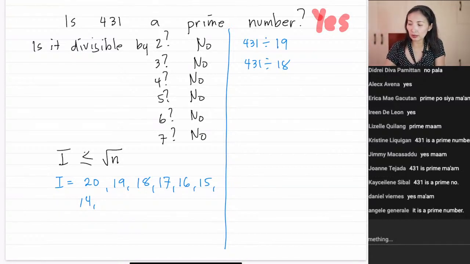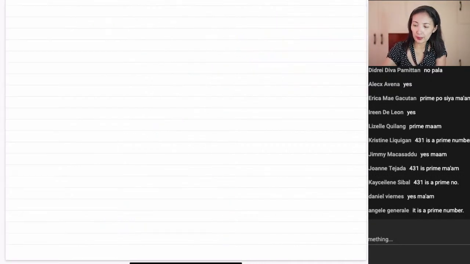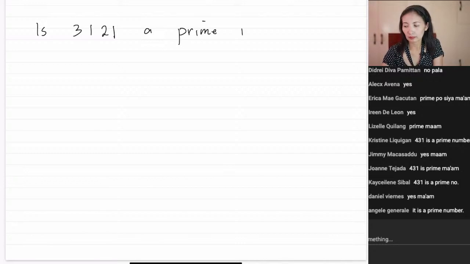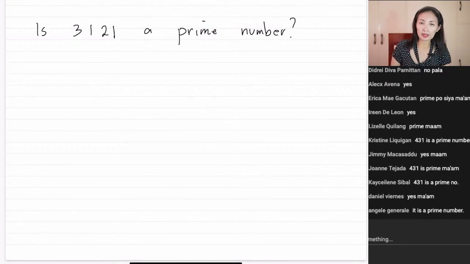Okay, prime number. I think we could stop with this problem, and the rest of the mathematicians after Euclid, I will just give for your reading.